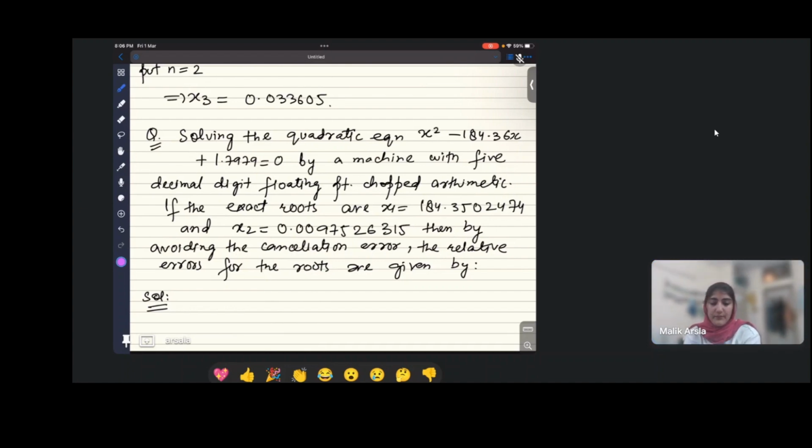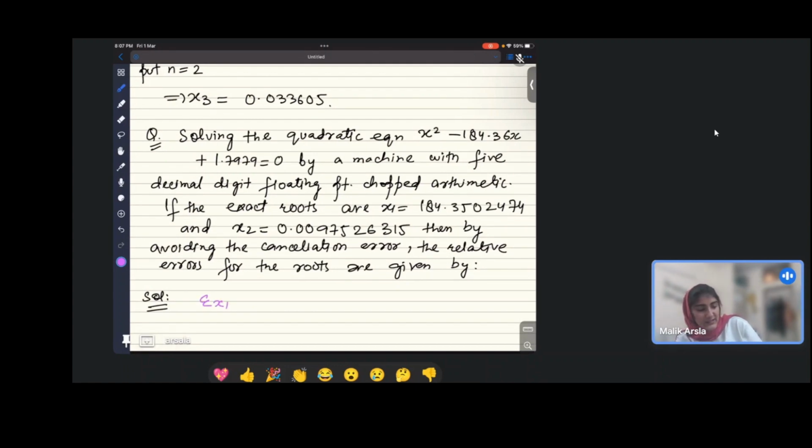And then RX1 is 1.3420 times 10 to the power minus 6. I actually got something like 1.33 times 10 to the power minus 6, but that is almost the same. RX2 is 3.2298. Yeah, correct.